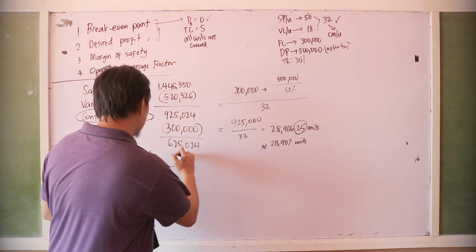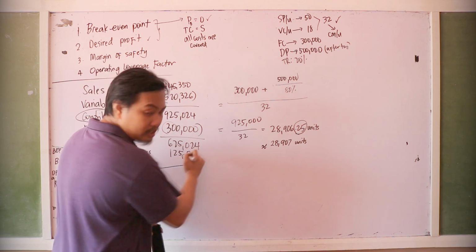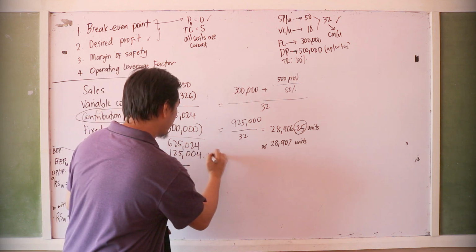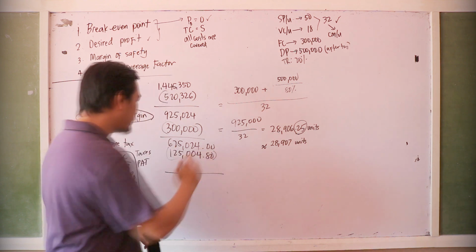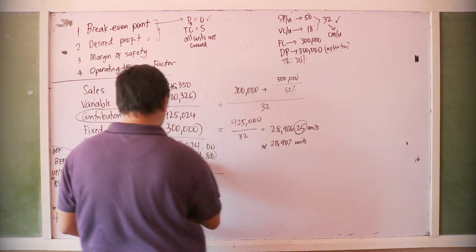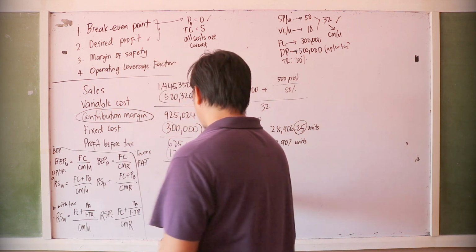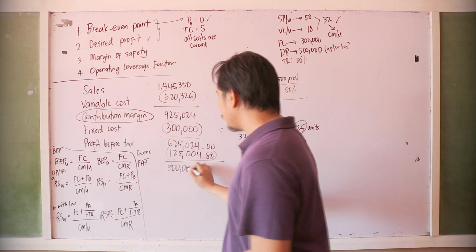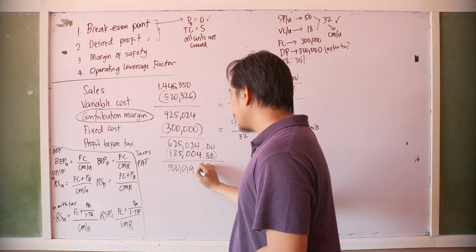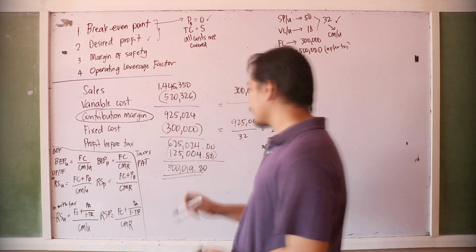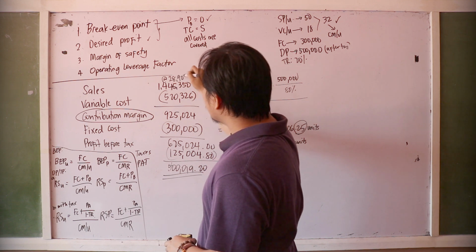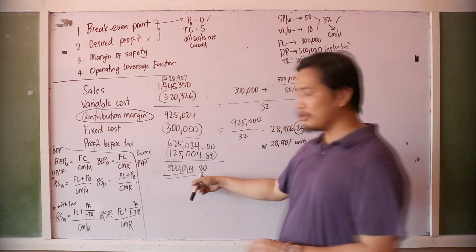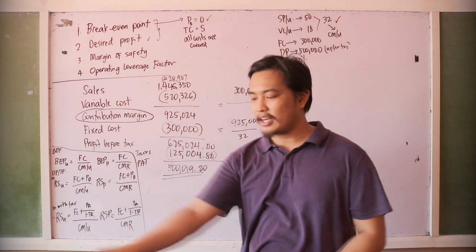Ang tax natin is 125,004.80. So ang profit after tax natin would be equal to 500,019.20. So at 28,907, naabot natin yung desired profit or yung target profit natin.